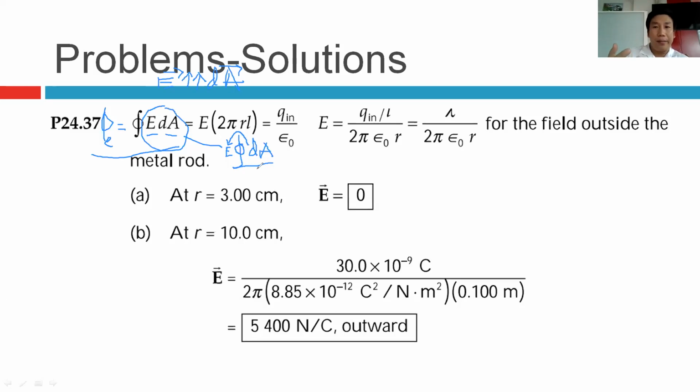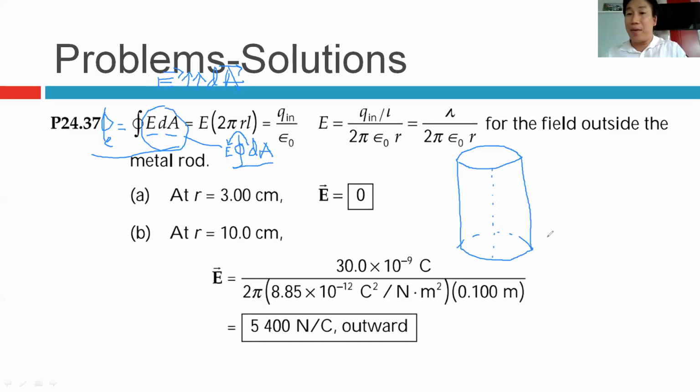So the problem now is that we need to determine the area. The area of a cylinder is very easy to determine. Look here. When we calculate the side area of the cylinder, please remember I cut this cylinder, it's the same as a can.